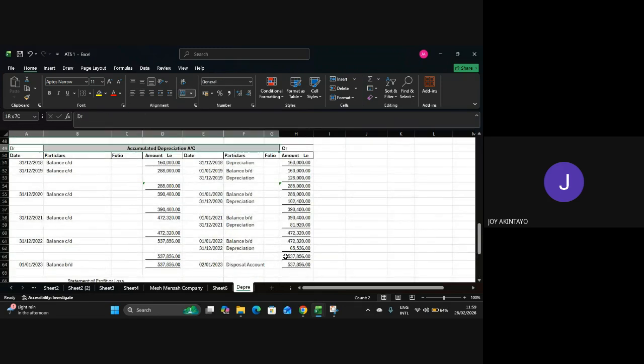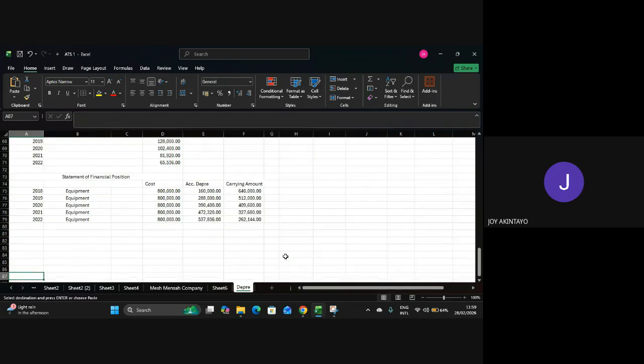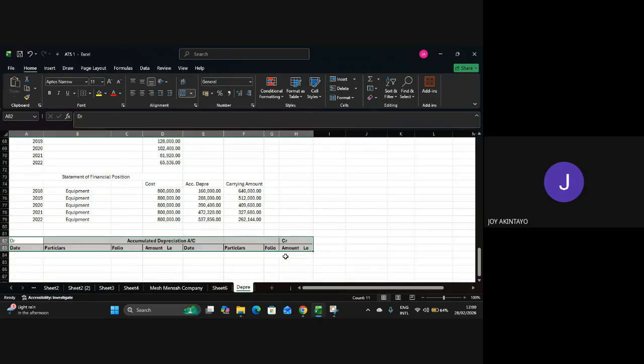Now let's assume our sales proceeds from the asset is 300,000 naira. We've credited our equipment account.